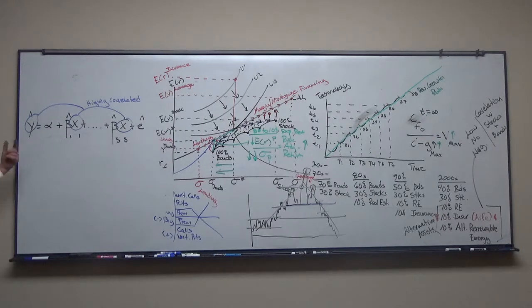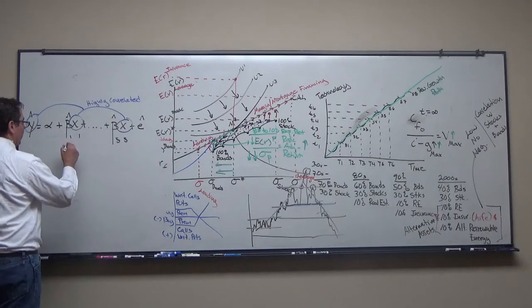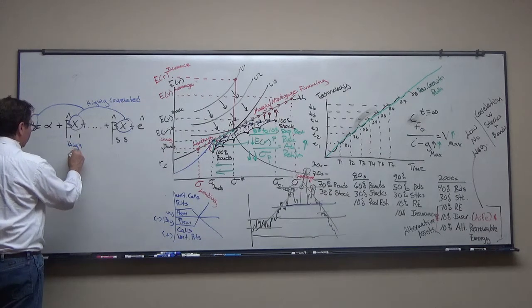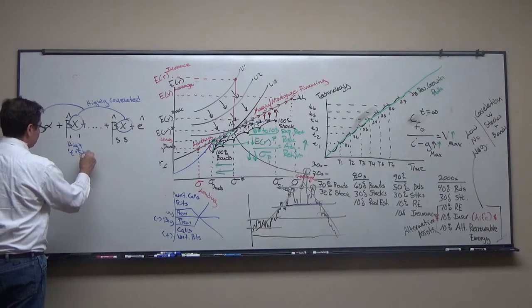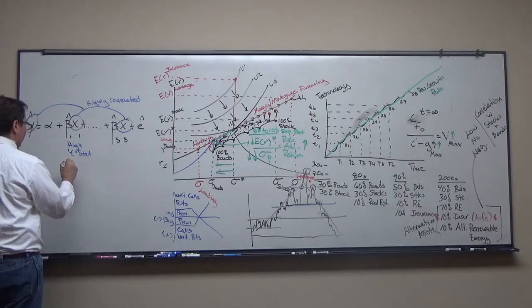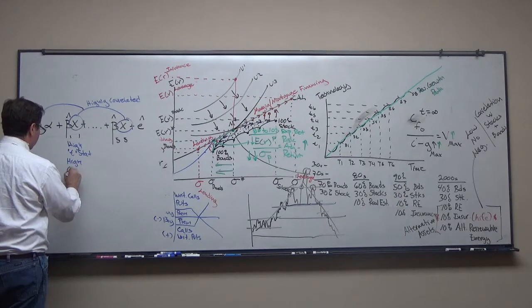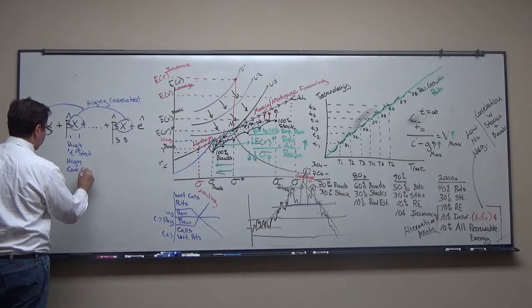Because they're correlated with each other, I'm getting multicollinearity in my model. So I've got to get rid of one. So the question is, how do you decide which one to keep? This one over here has a high t statistic, and it also has a high correlation coefficient.